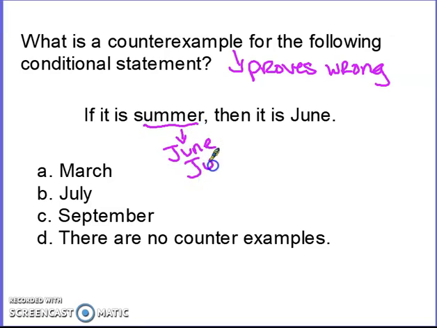I have June, I have July, and I have August. So June and July and August are summer. My last part says it's June. I need a counterexample to prove that if it's summertime, it is not actually June. And in this case, the only answer up here would be July. July is an example that says, hey, it's summer, but that doesn't mean it has to be the month of June.